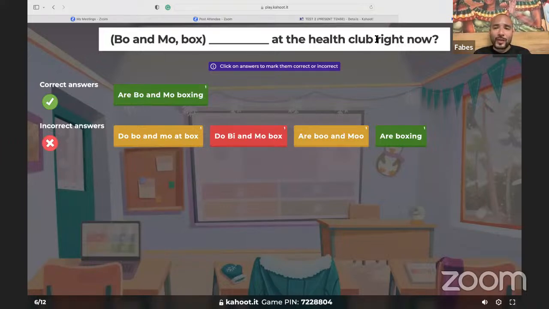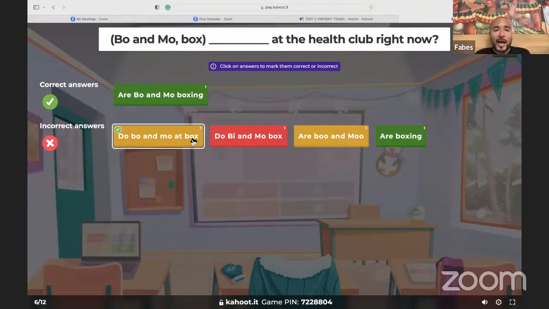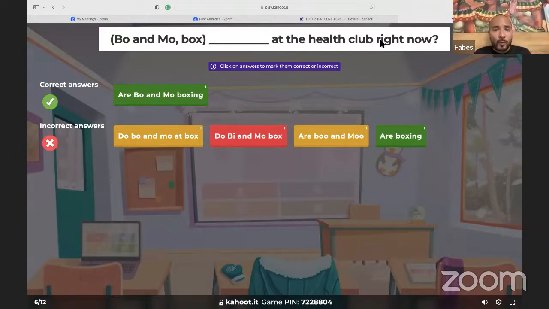And that's where you know that you have to use the progressive, which is specific to the moment, temporary, only right now. Okay? It would be a different situation with do Bo and Mo box at that gym as a general habit, as a routine. But here we're being specific about the right now.